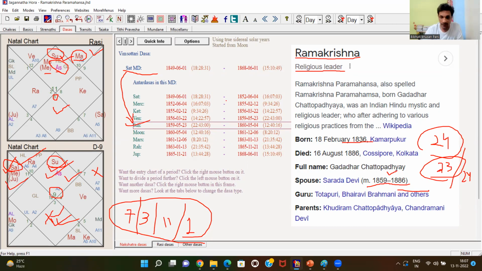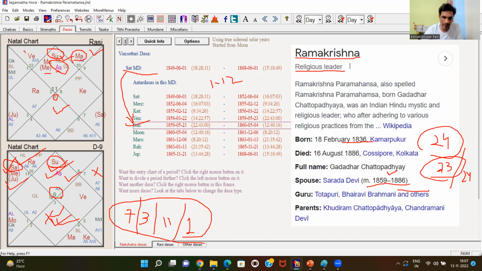For that, one more thing you can do. For the first 12 years, it starts with normal zodiac order. So this is the 1st year, 2nd year, 3rd year, and so on up to the 12th year.